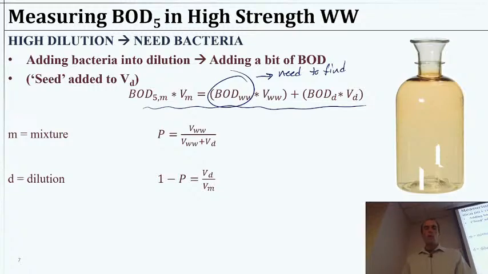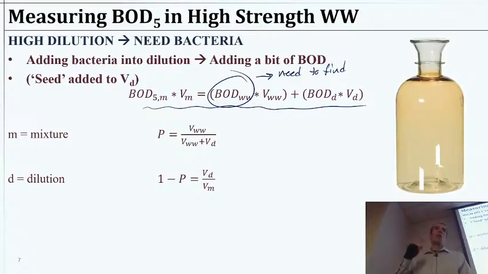Now, one thing we can do as we rearrange this problem is get several things in terms of the dilution factor P, or in some cases 1 minus P. So if we think about it, P is the ratio that is wastewater. So what portion of the total water is wastewater?